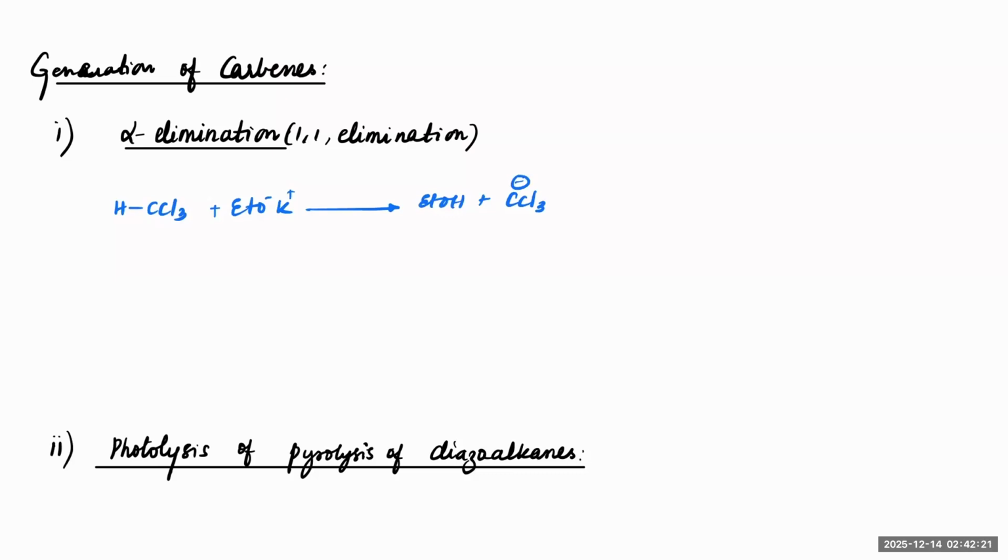Now notice this CCl3 minus, the anion form. As soon as this carbon has three chlorides, it is highly unstable, so it will become CCl2 plus Cl minus.